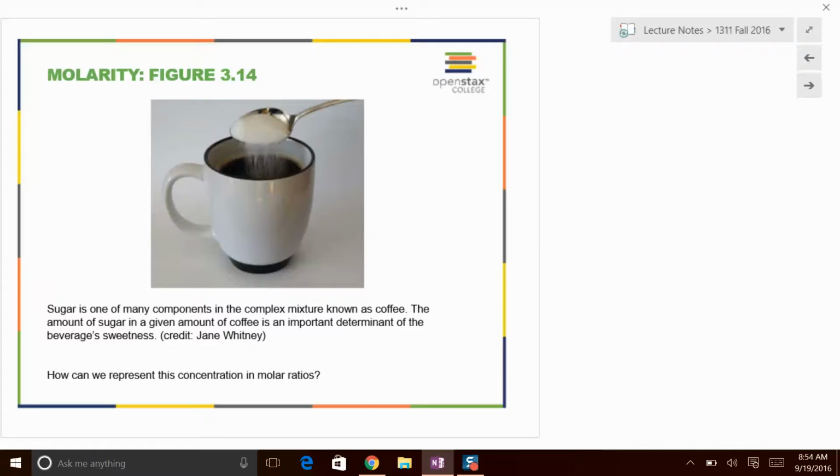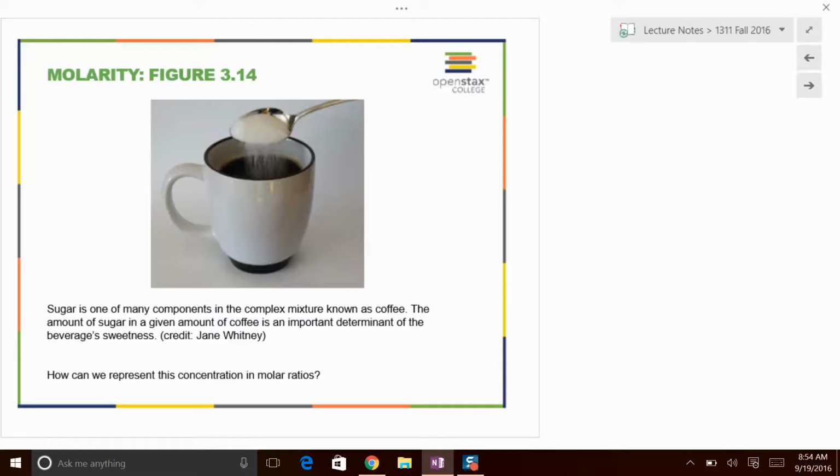So we're going to try to understand how to determine these concentrations, in their ratios of how much sugar there is per so much of solution. But we're going to try to do it in molar quantities. So how many moles instead of grams? Whenever we say moles, we're talking about the amount. How much there is of that thing per this amount of it.